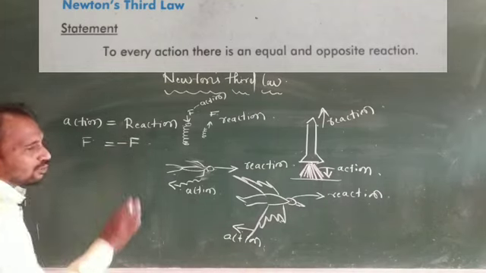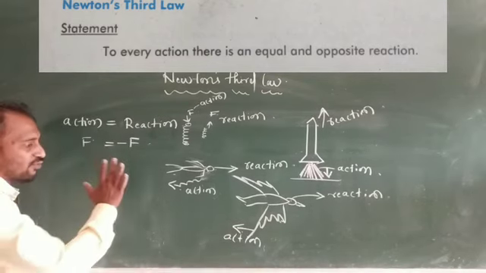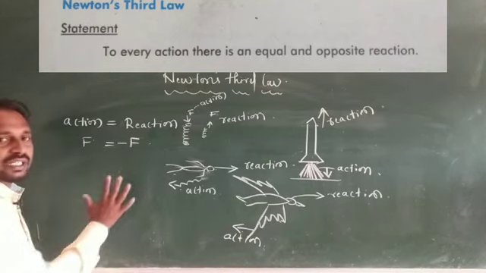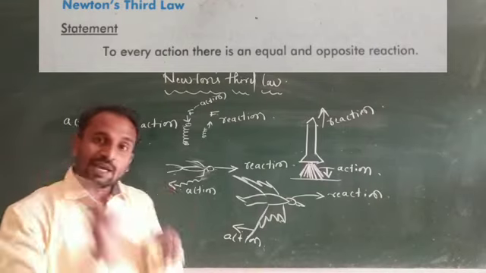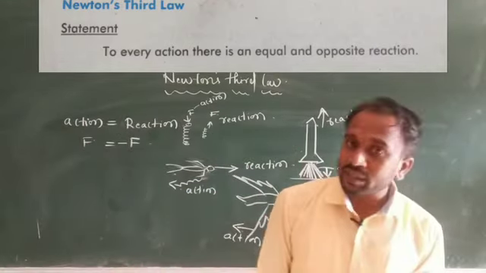Action and reaction have the same magnitude. Suppose I apply some force on a board. The applied force is the action, and the board also applies the same amount of force in the opposite direction; that is the reaction.